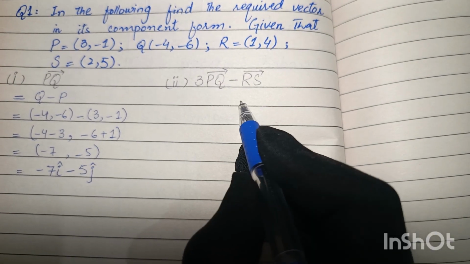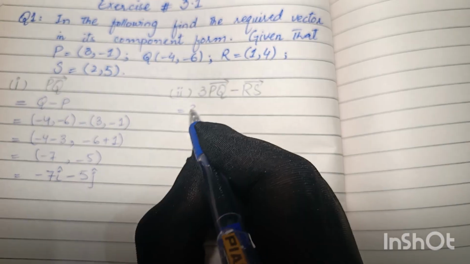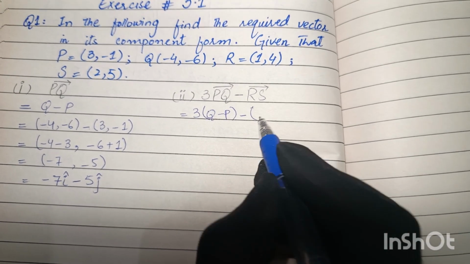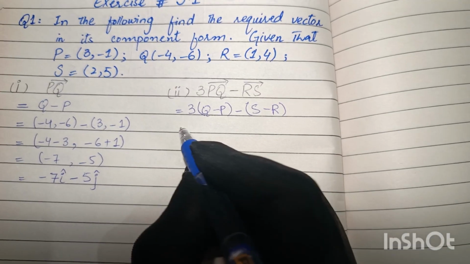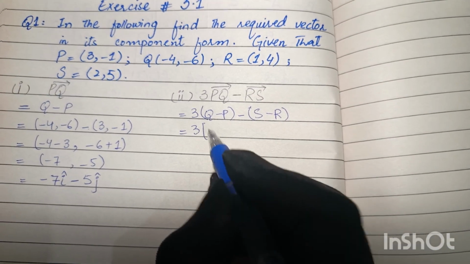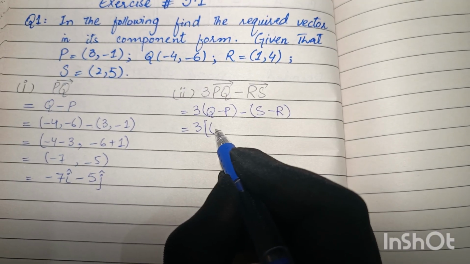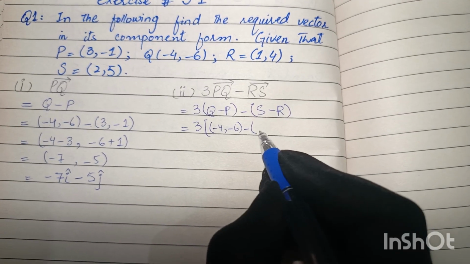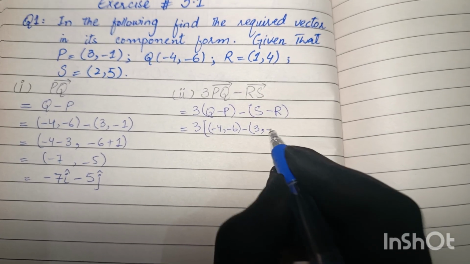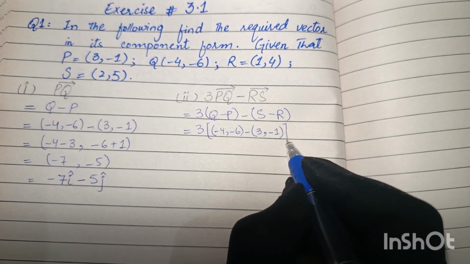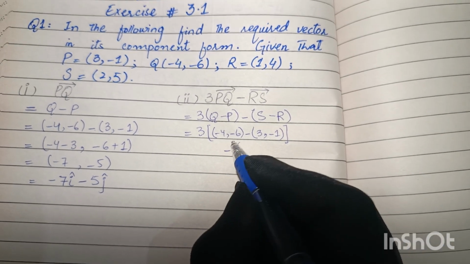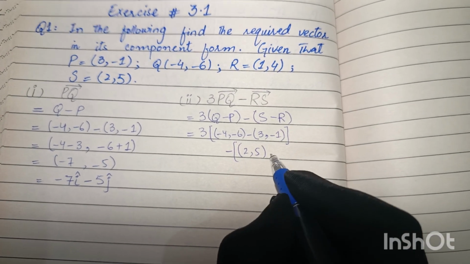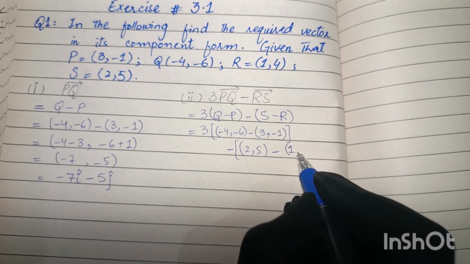Next is 3PQ minus RS. So PQ means Q minus P and RS means S minus R. By putting the values, Q means (-4, -6), P means (3, -1), S means (2, 5) and R means (1, 4).